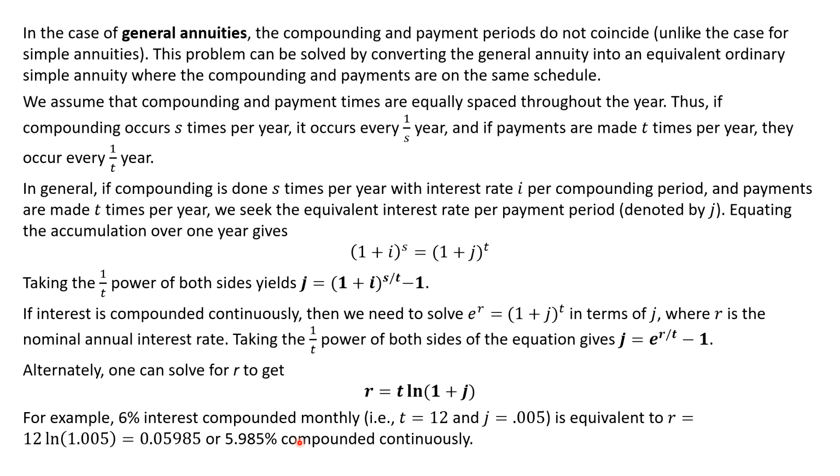You get a little bit more with continuous compounding compared to monthly compounding. So you would need a smaller interest rate to get the same amount at the end of the year.